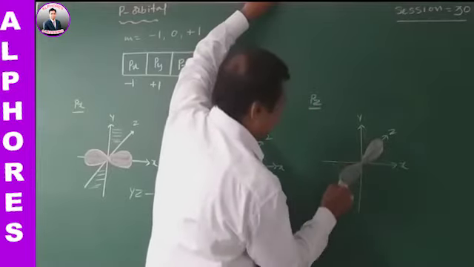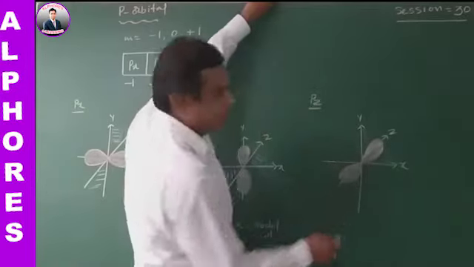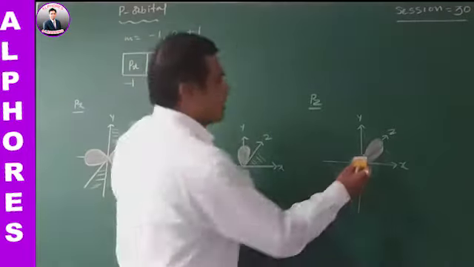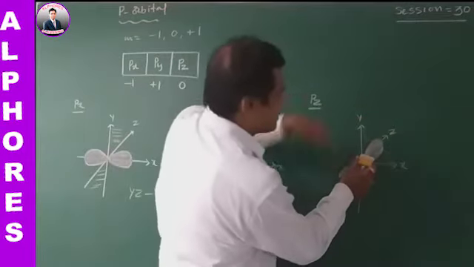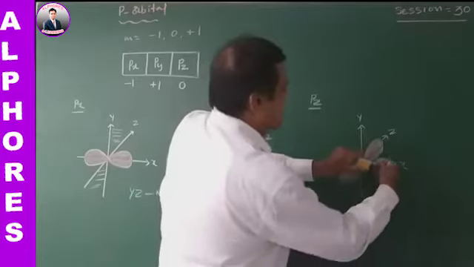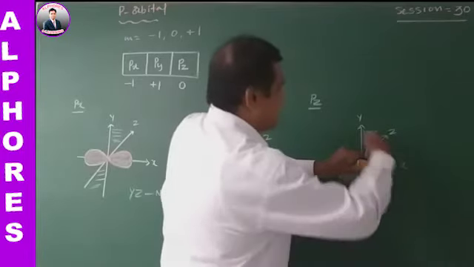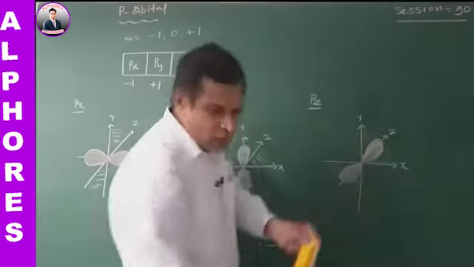The xy plane is the nodal plane because the axes are like this: x-axis, y-axis and z-axis. So when the lobes are oriented along the z-axis, the xy plane will be the nodal plane.